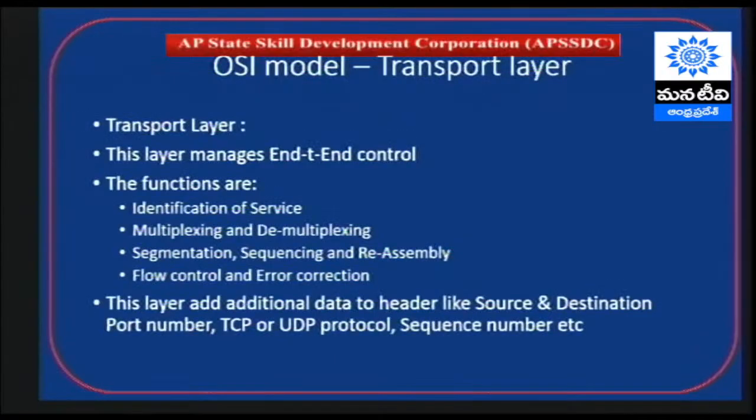So let's look at what the transport layer has to do. The transport layer provides end-to-end control, meaning when you want to send or receive data, end-to-end control is required, and that is taken care of by the transport layer. We can see here some of the functions that this transport layer performs.